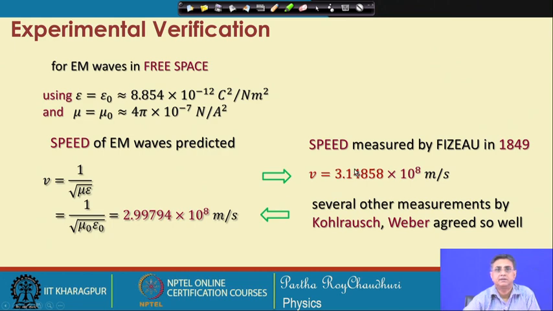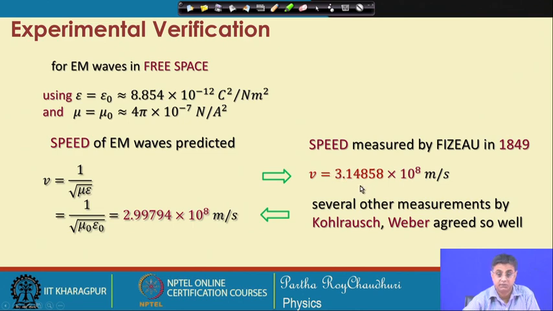Maxwell commented that these two numbers are not accidental, and during those times several other measurements by people like Weber also agreed with these numbers so well.